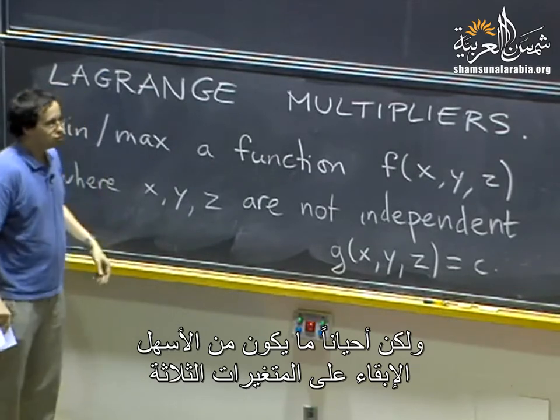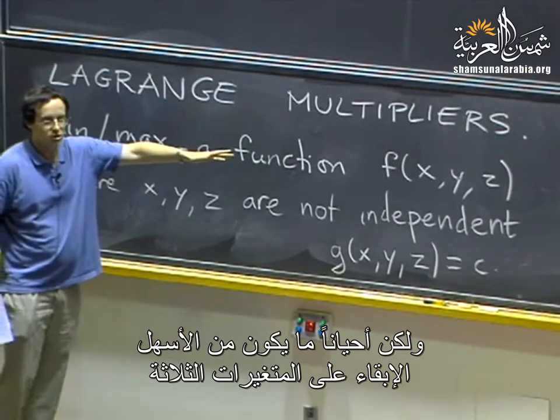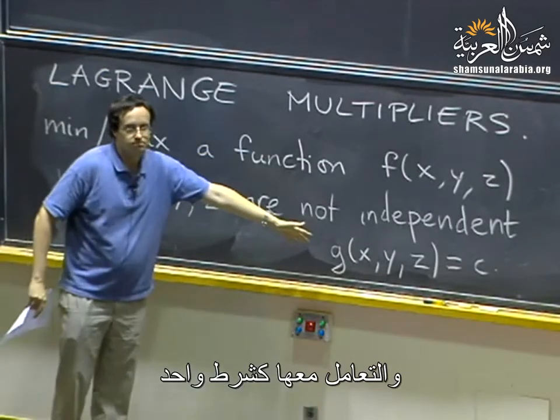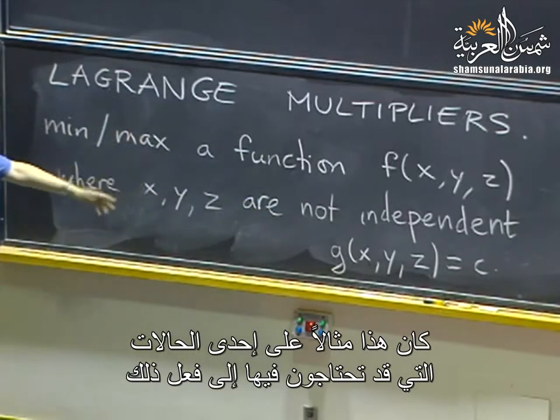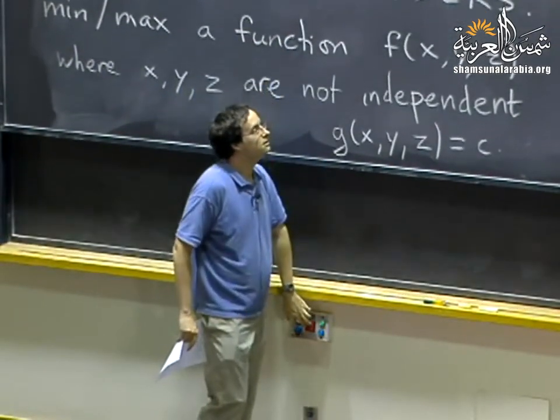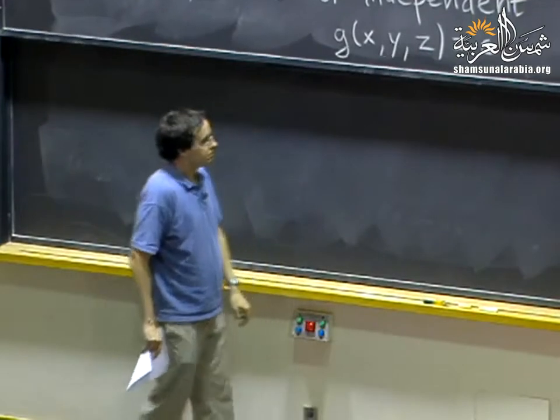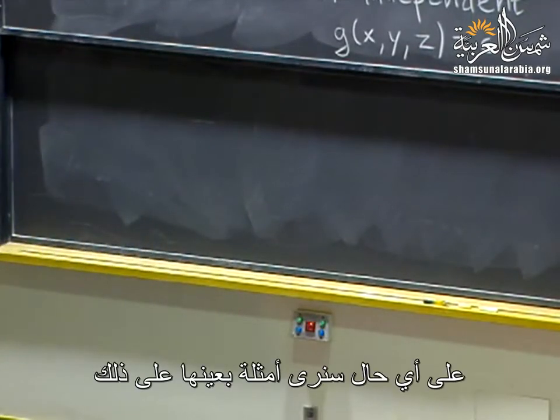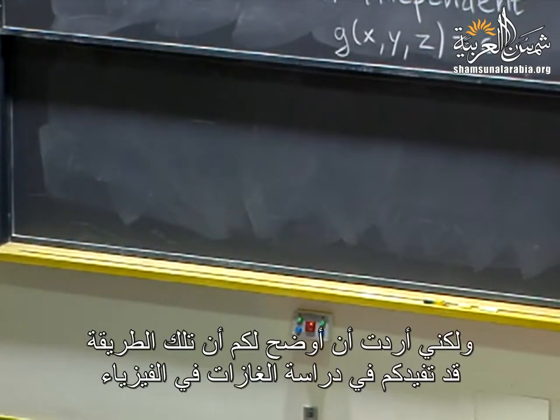But sometimes it's more convenient to really keep all three variables, but treat them as constraint. So that's just an example of a situation where you might want to do this. Anyway, we'll look mostly at mathematical examples, but just to point out that this is useful when you study gases in physics.